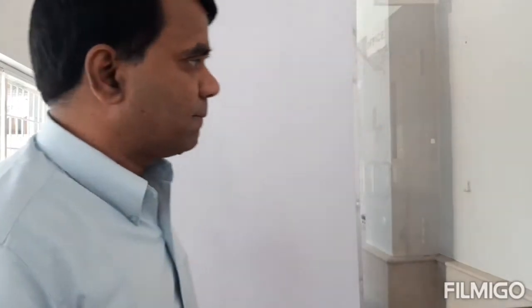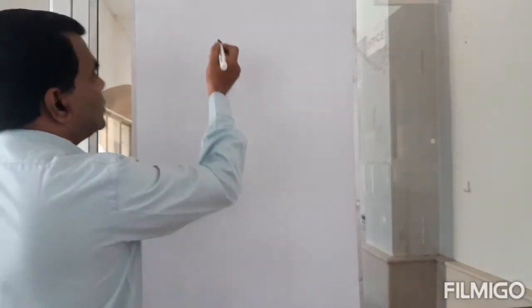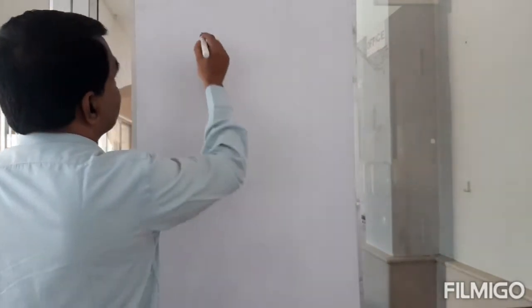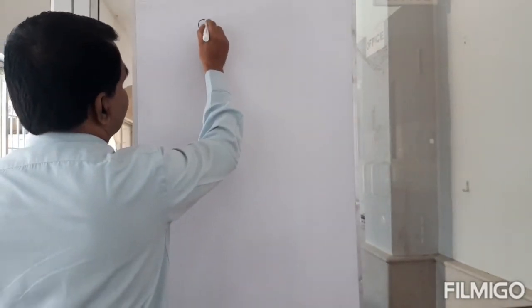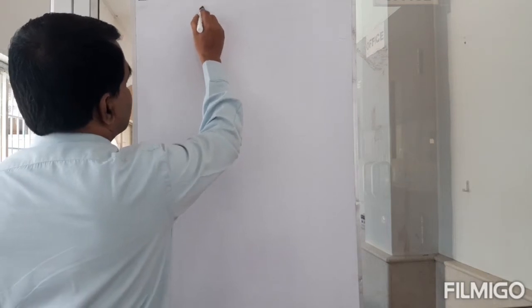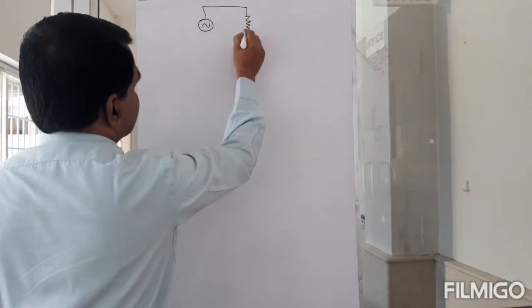You have to be careful which voltage we are talking about. Are we talking about the voltage across the capacitor or the inductor, or the applied voltage? Let me draw the pictures first. I take a resistor circuit, so I have this AC applied across this resistor.